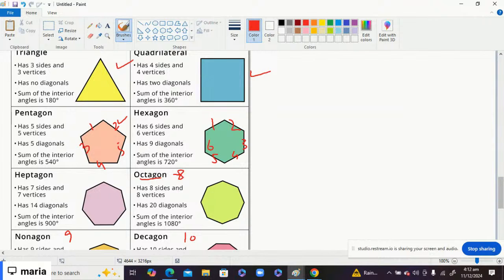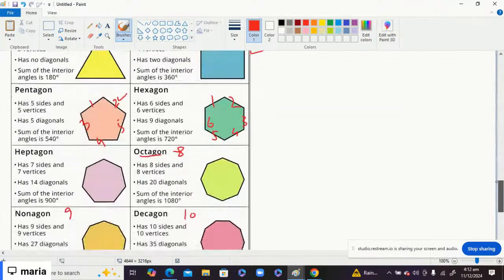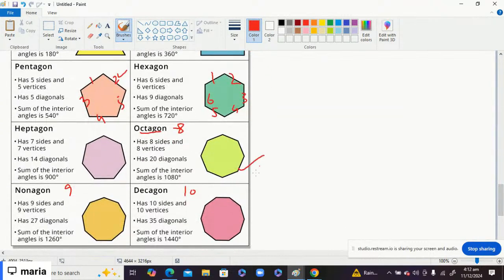Now for the octagon, there are eight sides. When you count it, it's already given, and also see the shapes. For the nonagon, these are nine sides, and for the decagon, there are 10 sides. Remember this.